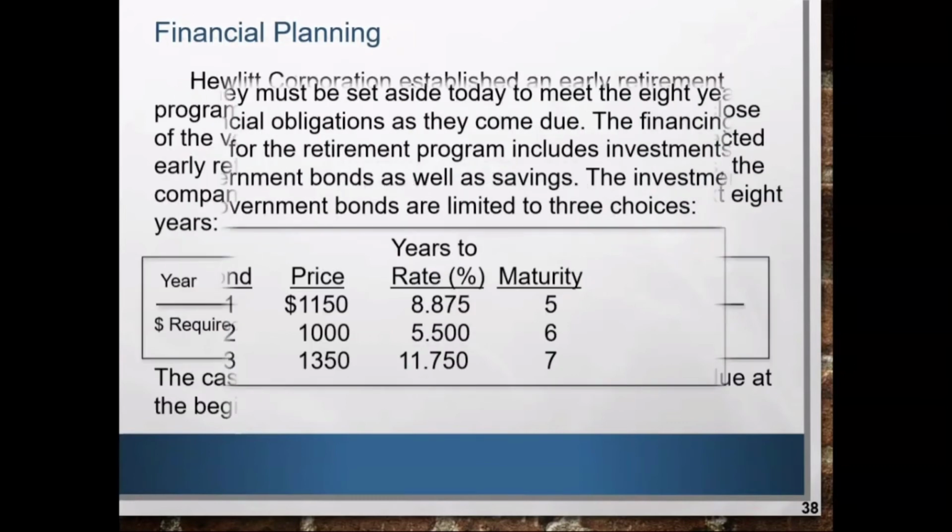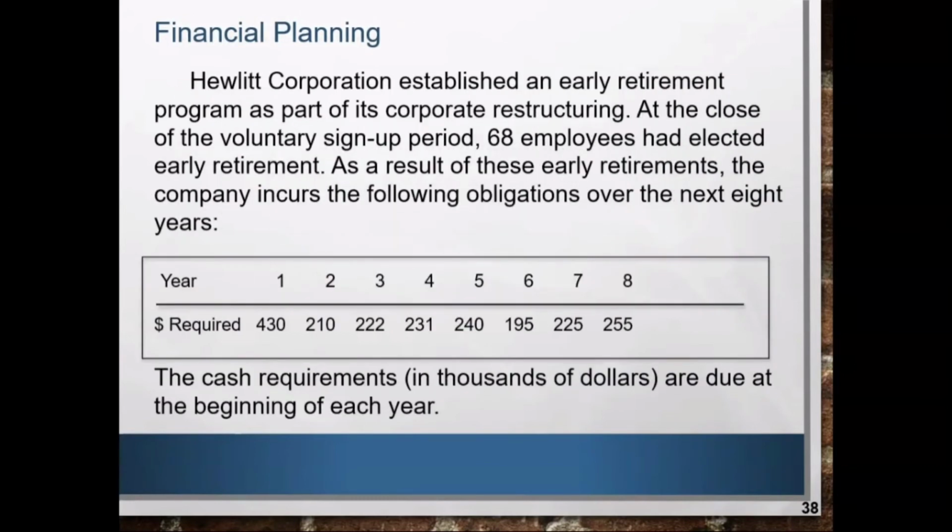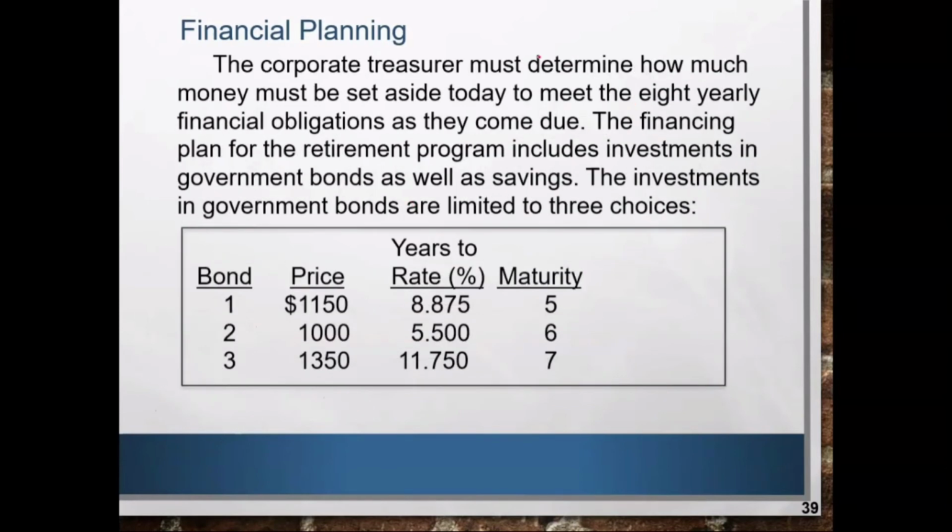So again, let's analyze the problem. Here, this is 1,000, and they are all in K because it is stated in thousands of dollars. Here we have bond 1, with its price, rate, and maturity.